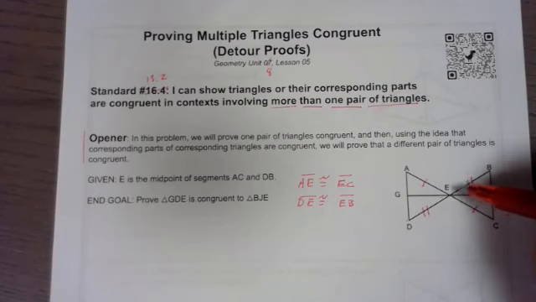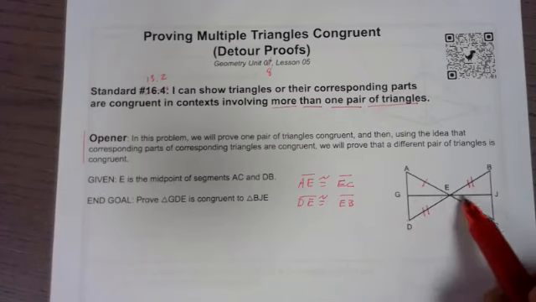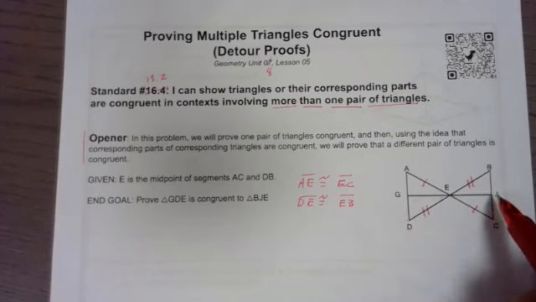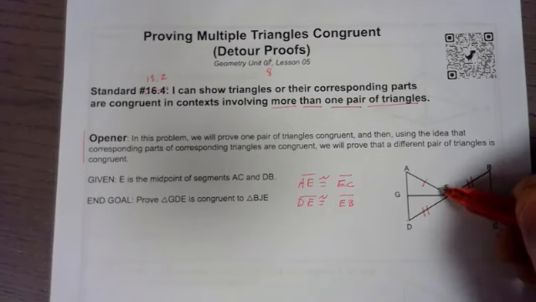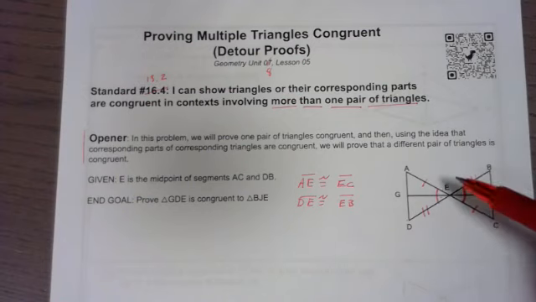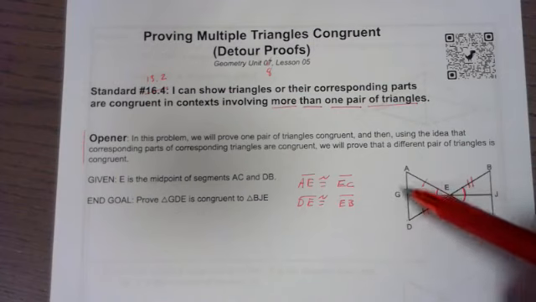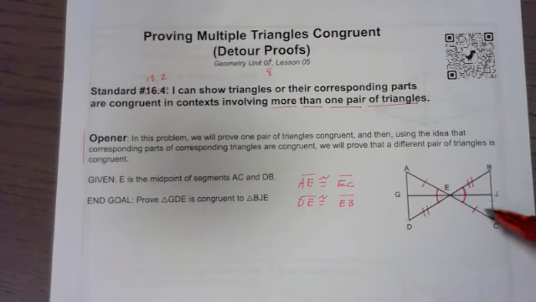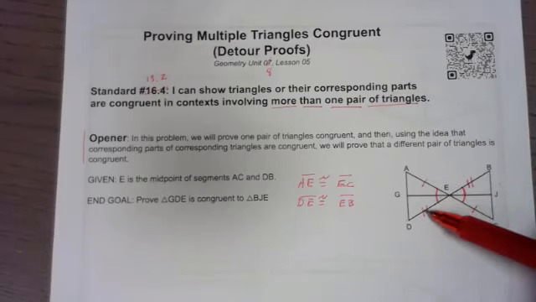Well, what I can do right away is pretend that this line GJ was not here. I would see that this whole angle right here is congruent to this whole angle right here because they're vertical angles. Then I can prove that those two triangles, the big triangles here, are going to be congruent to each other by side, angle, side.